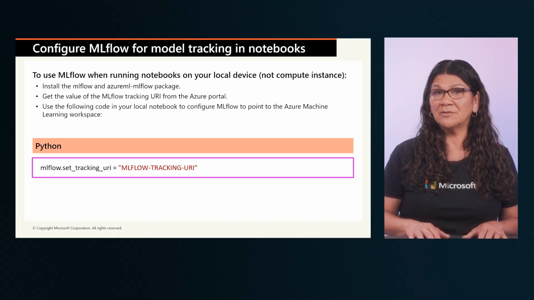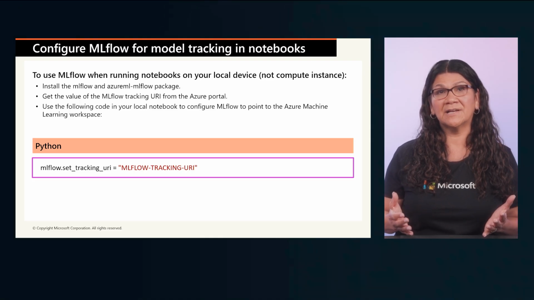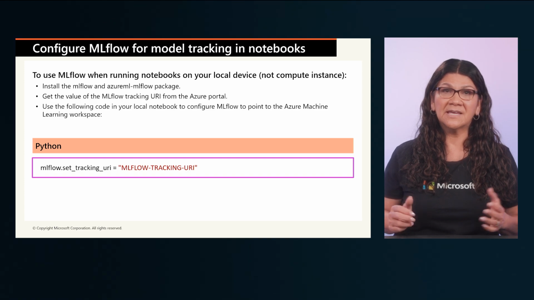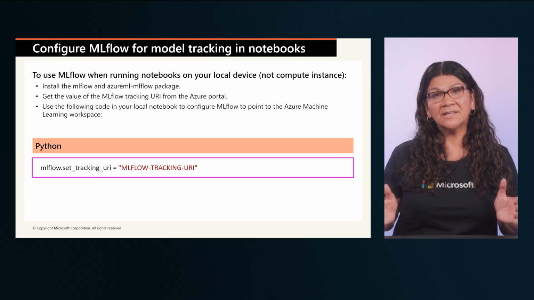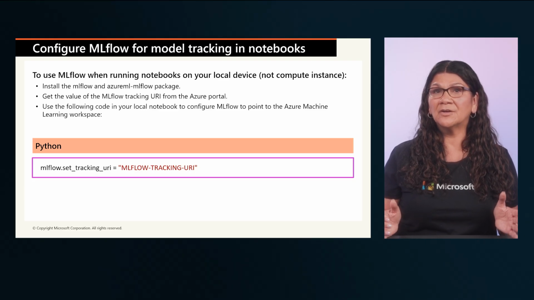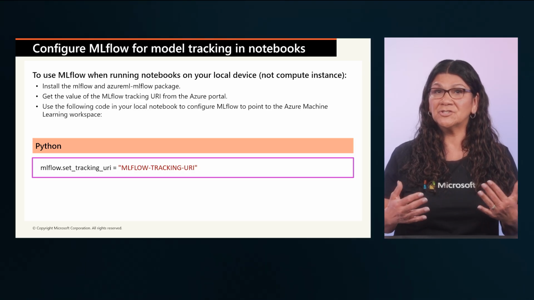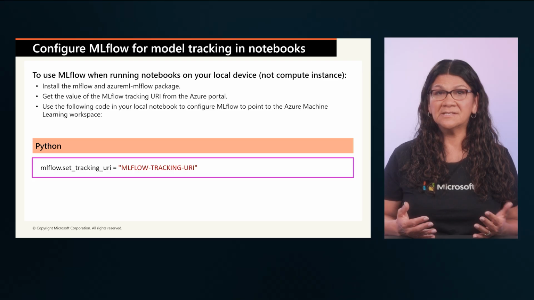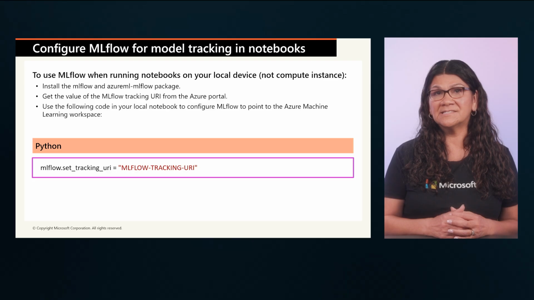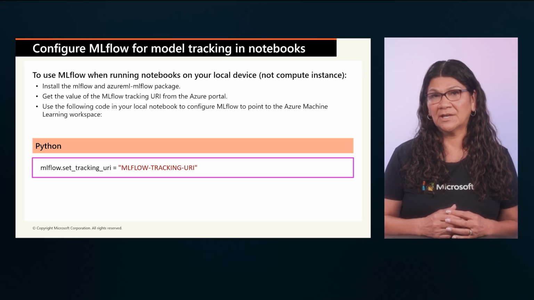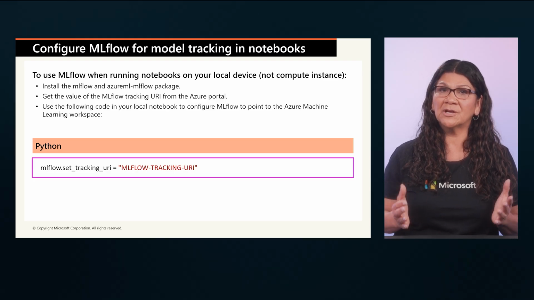Now let's see how MLflow connects your local development work to a centralized, enterprise-ready tracking system, even when you're not running on an Azure compute instance. When you're working in notebooks on your local machine, a few deliberate setup steps, installing the MLflow and Azure MLflow packages, retrieving the MLflow tracking URI from the Azure portal, and setting it explicitly in your notebook, ensure every experiment you run is logged to the Azure Machine Learning workspace.